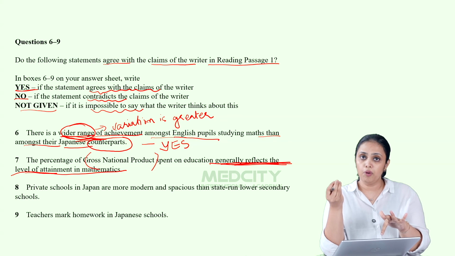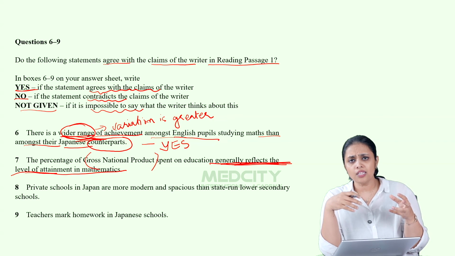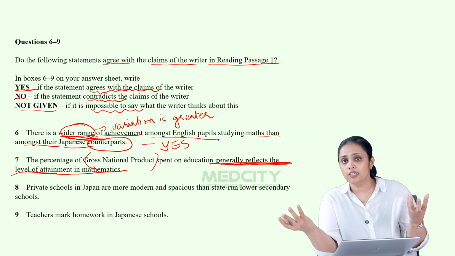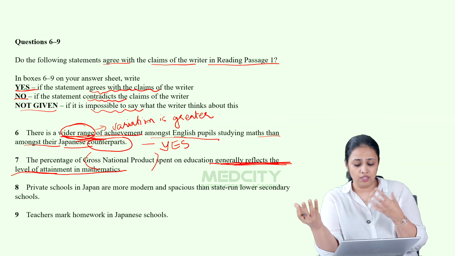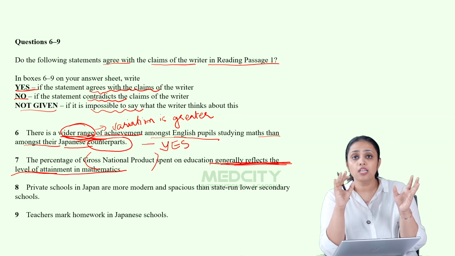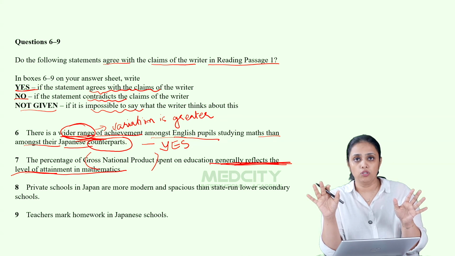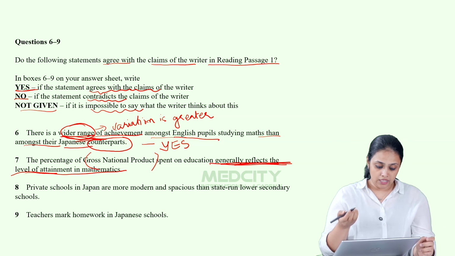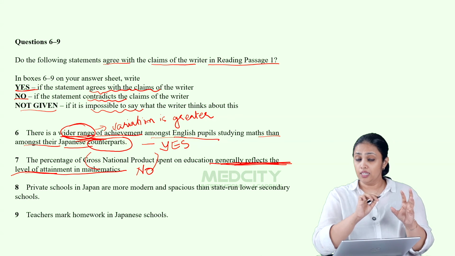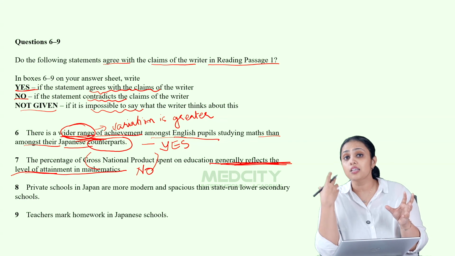So what can we say about this? Can we say that it's not given, that they are not talking about GNP and the relation it has to the attainment in maths? No, we cannot say that this area has not been talked about, or that we don't know about it. As per the passage, the writer is confused and is asking a question.